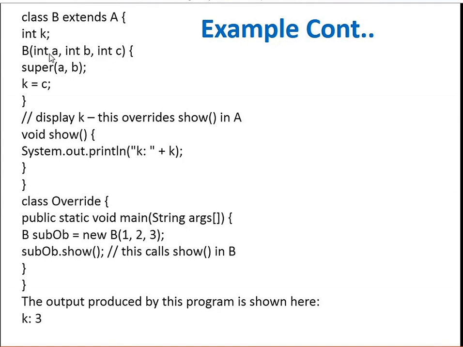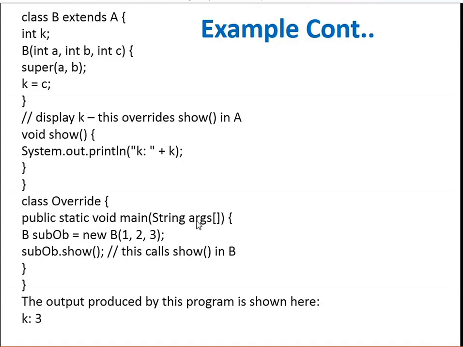Then super(a, b). As we learned in the last lecture about super, when we say super(a, b), it calls the constructor of the parent class. And then k equal to c. Here again we display the value of k. We have written the method void show, System.out.println k.